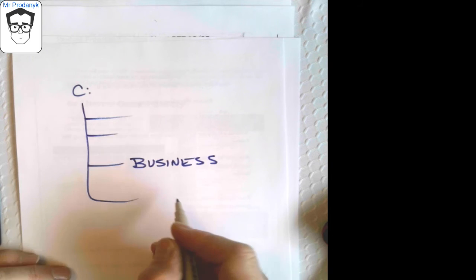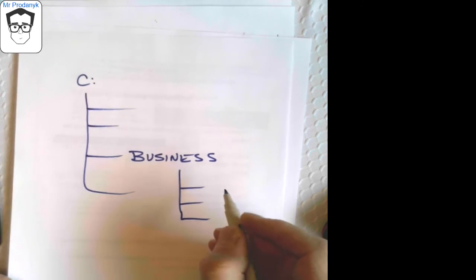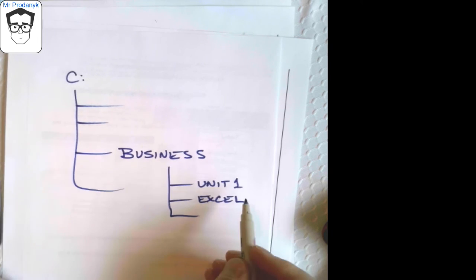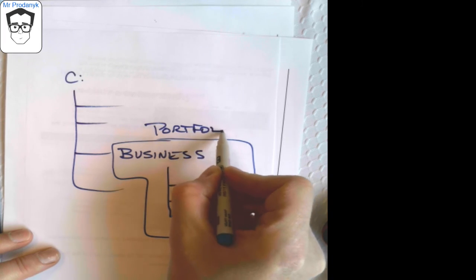So you'll have this folder, and then within there you may want to create additional folders. You can call it unit 1 folder, or you can call it your Word folder, or if you want to call it your Excel folder for your next one, something like that. As long as the folders that you have within this main folder off of your main hard drive make some type of sense, because you're going to be handing this in to me as your portfolio at the end of the course, or your culminating activity.